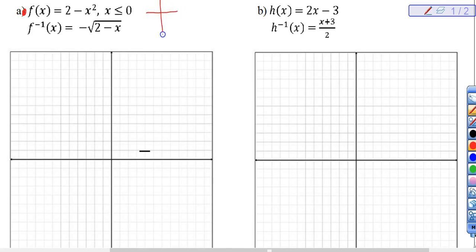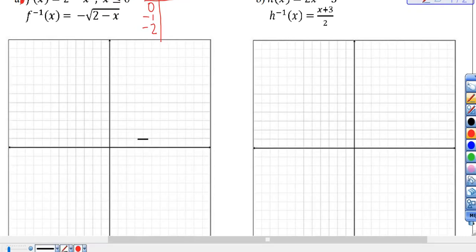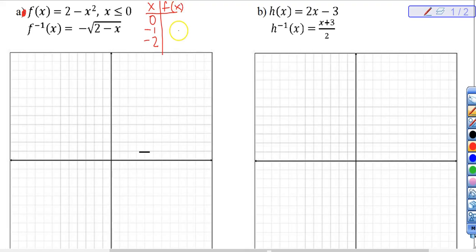So we're going to work off of this domain right here, where we're going to pick x is less than or equal to 0. So I'll pick 0, -1, and -2, because I can do the math with those pretty quickly. And we'll plug some points in, and we'll see if we've defined this parabola as 1 to 1 because we've restricted it to one side of the parabola.